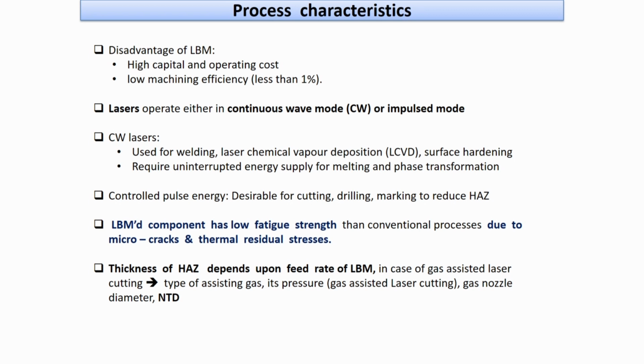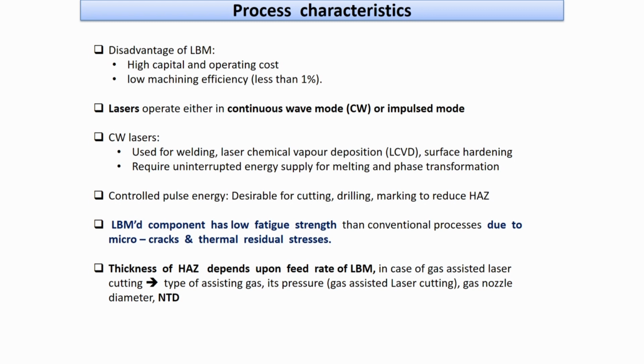For melting and phase transformation, an uninterrupted energy supply is required. Controlled pulse energy is desirable for cutting, drilling and marking to reduce the heat affected zone.